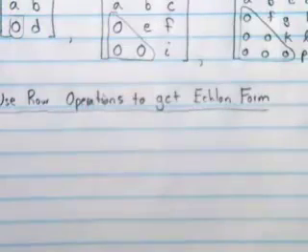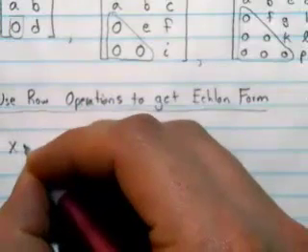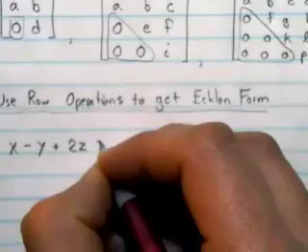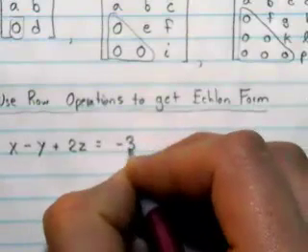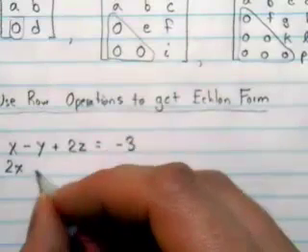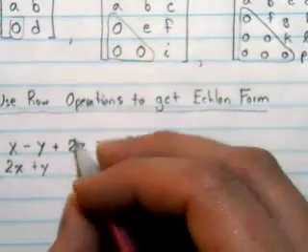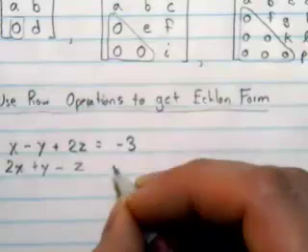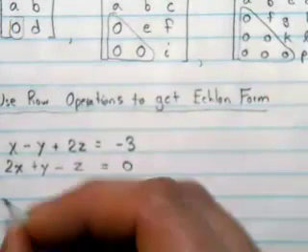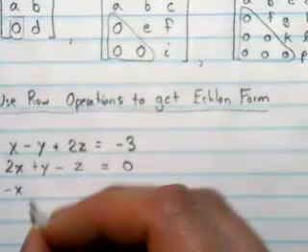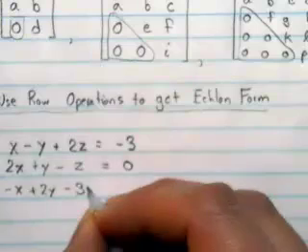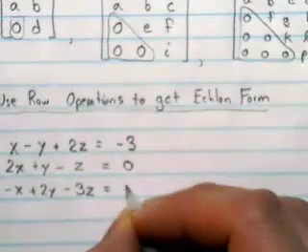This one works. So x minus y plus 2z equals -3. 2x plus y minus z equals 0, and -x plus 2y minus 3z equals 7.